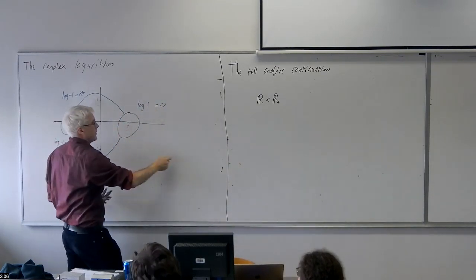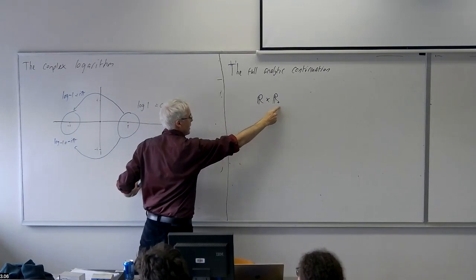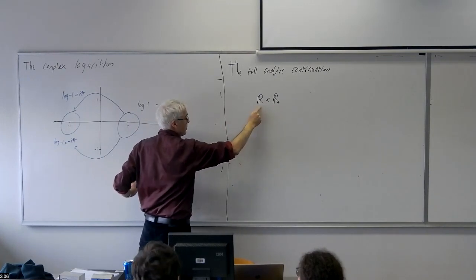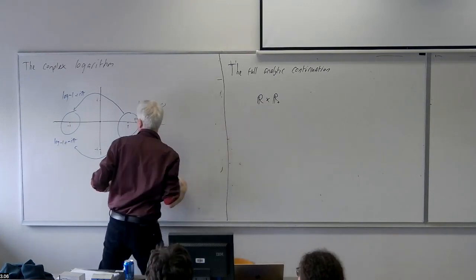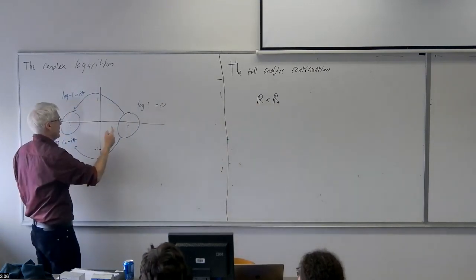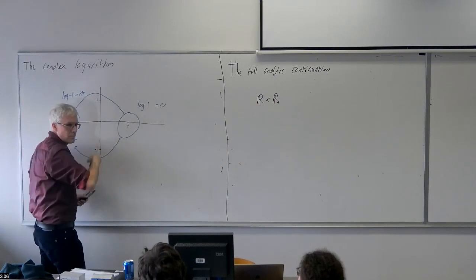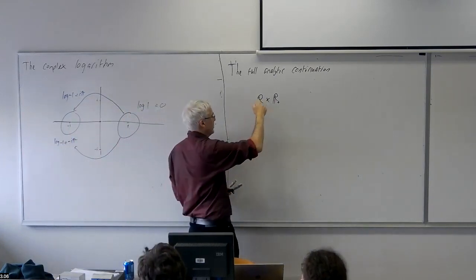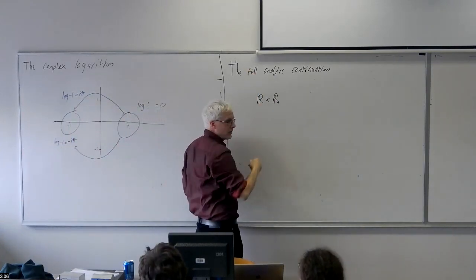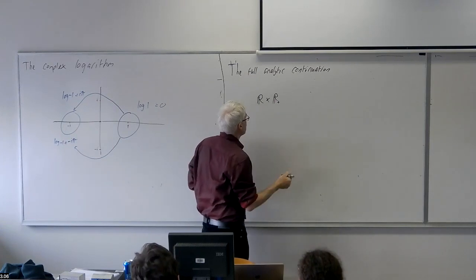If this is the angle part and this is the radius, the modulus, this is the angle part, or the argument as it's called, of the complex number. And as we go round, the polar coordinates have this property that the angle goes up from 0 to 2 pi and so on, and down in the other direction.